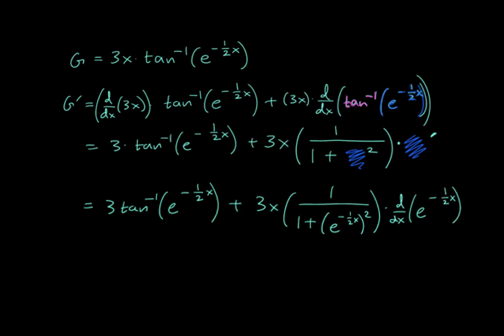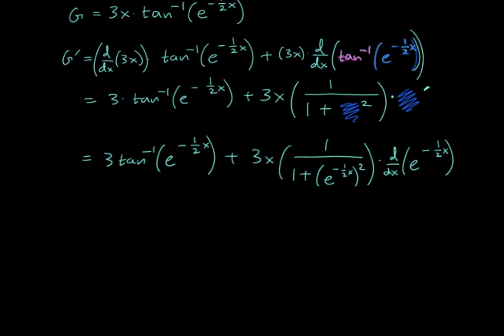All right. Simplifying this a little bit more, we will notice that we have 3 times tangent inverse of e to the negative 1/2 x plus, I'll put 3x in the numerator, 3x divided by 1 plus, and notice I have some exponent rules here. These two exponents come together via multiplication, leaving me with e to the negative x. That's kind of nice. Times, I want to multiply by the derivative of this function.